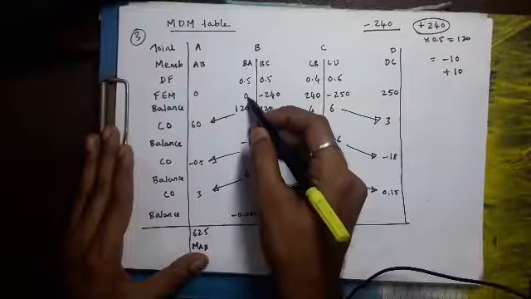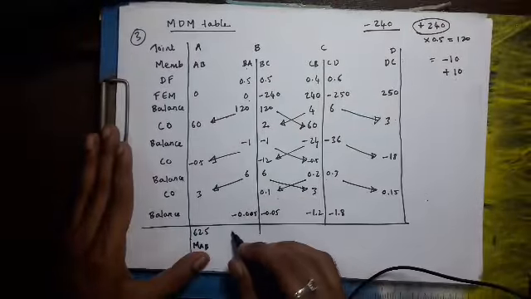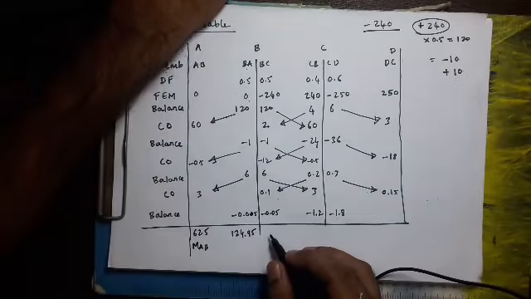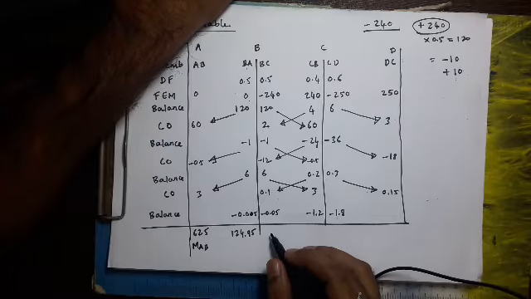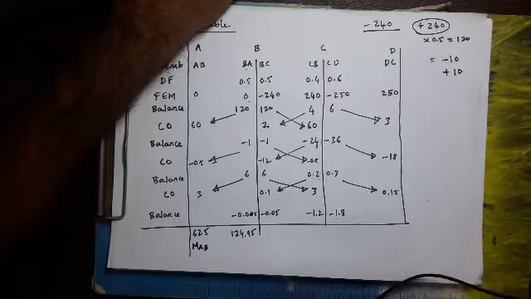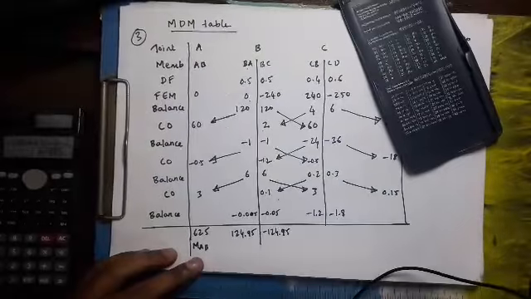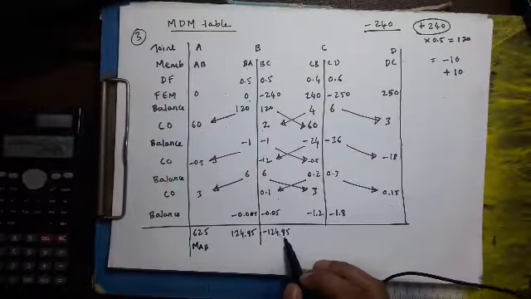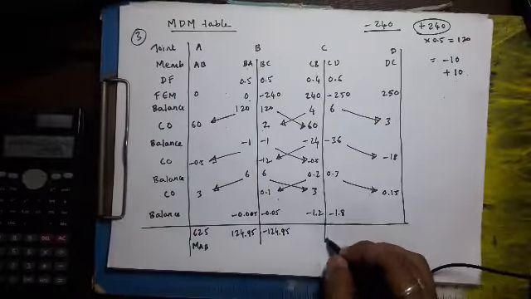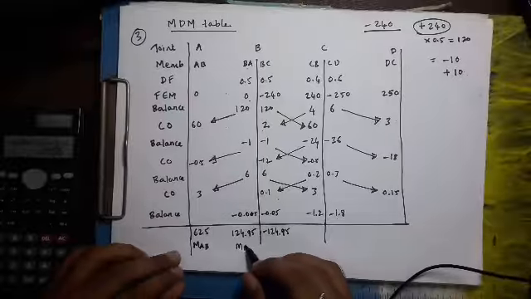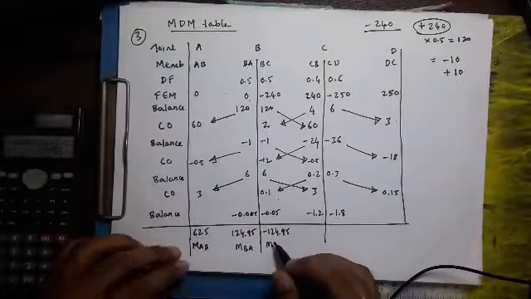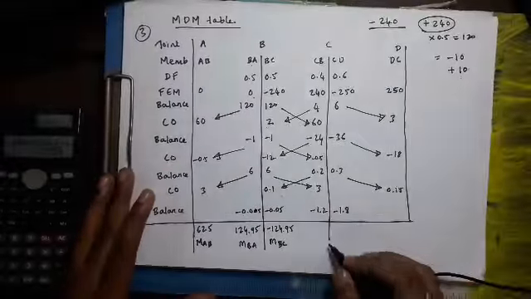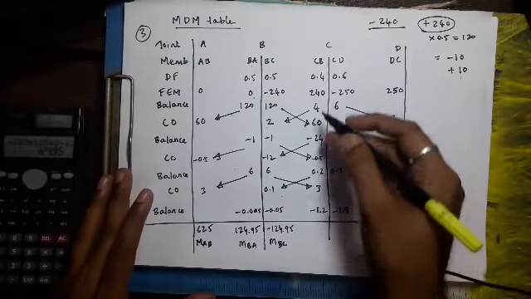If you add from FEM to this point you will be getting 124.95 for BA, minus 124.95 for BC. For CB this will be your MBA, this will be MBC.